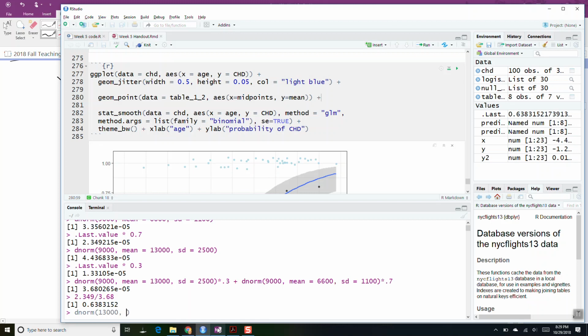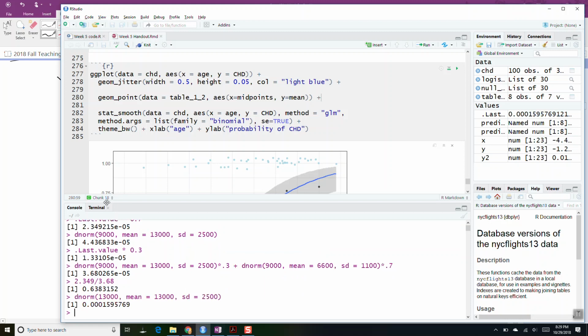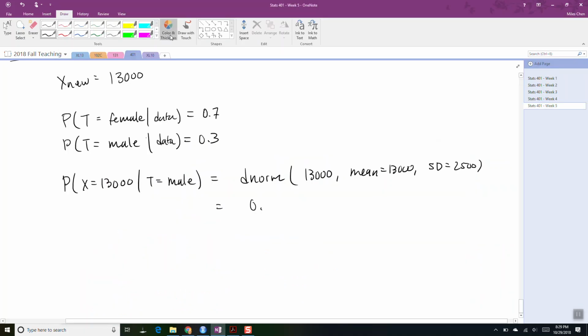It's going to be a small value because the standard deviation is so big, 2,500. Okay, so I have 0.000159. Okay, that's fine.